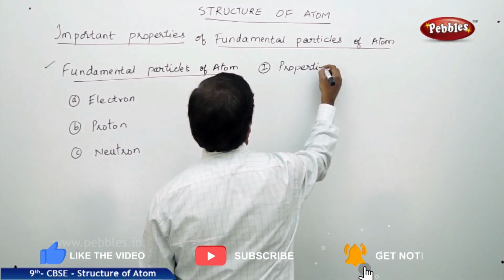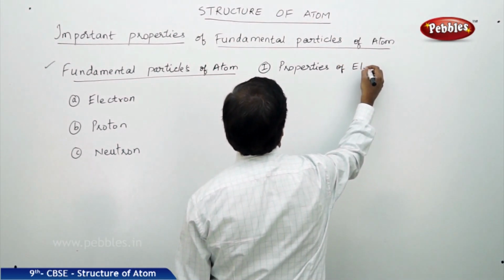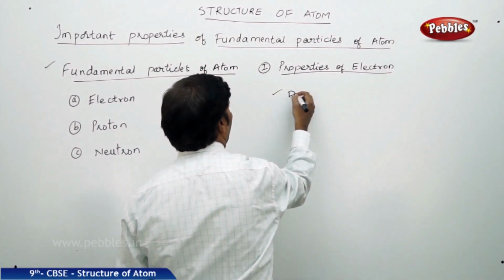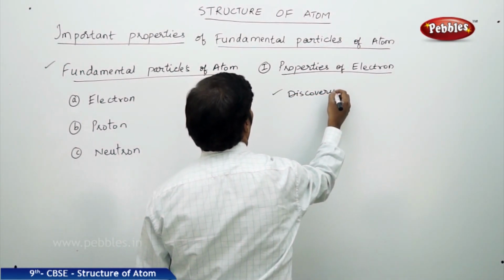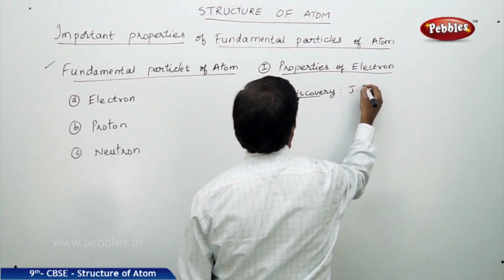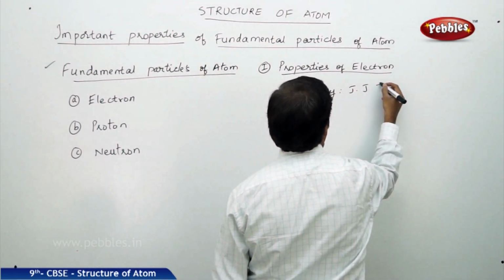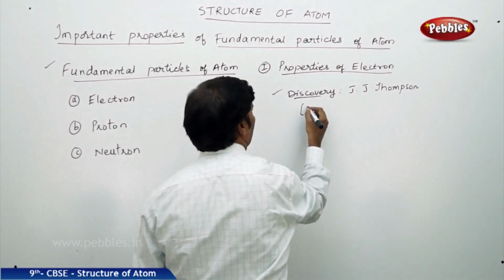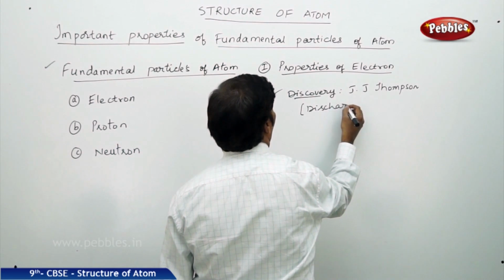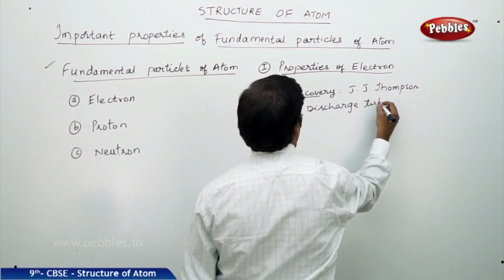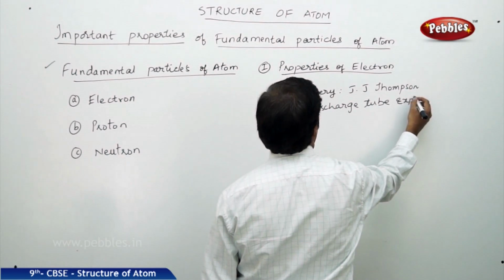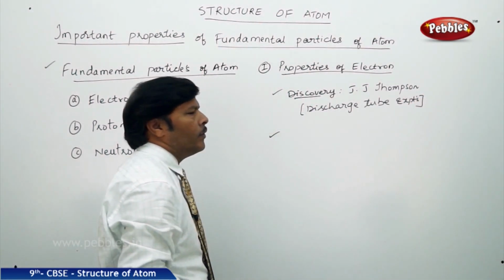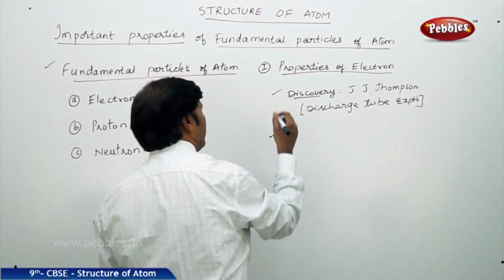If you go to the important properties of electron, it was discovered by J.J. Thomson during discharge tube experiments. First point.